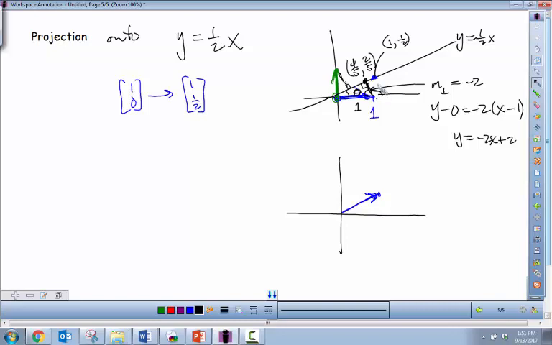And so that's 2 over 5, right? So now, is this point our transformation matrix? Well, this is one of the columns for your transformation matrix. So that would be 4/5, 2/5.